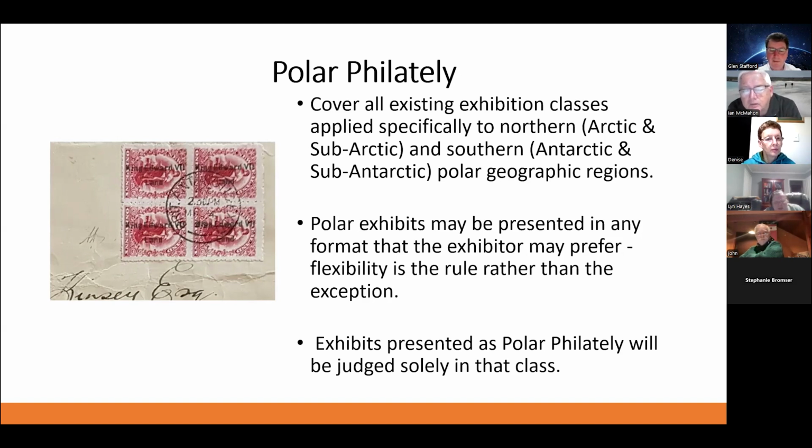Or you could do a postal history display of legitimate commercial mail coming out of the Australian Antarctic bases, or first day covers. Or in fact, as it says quite clearly, flexibility is the rule rather than the exception. So you can choose how to organize your material. Obviously, the exhibitor has got to produce a logical treatment of whatever they're doing.